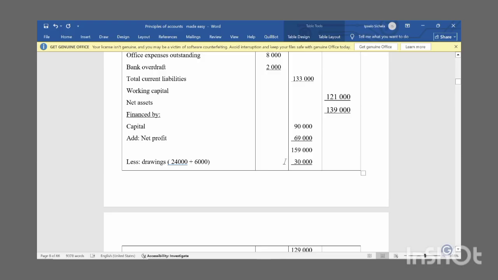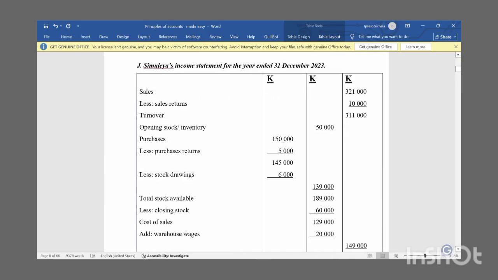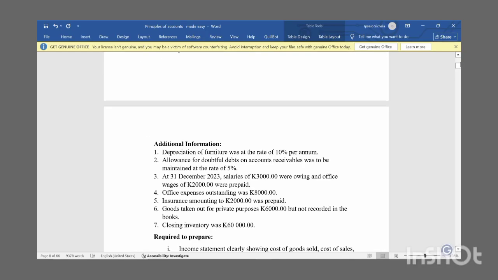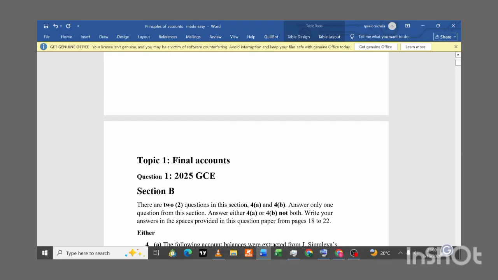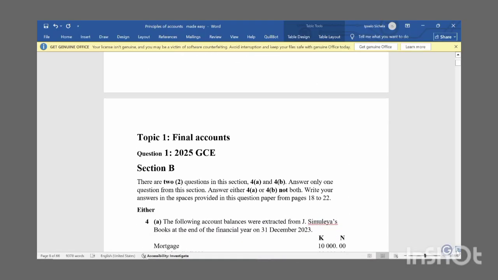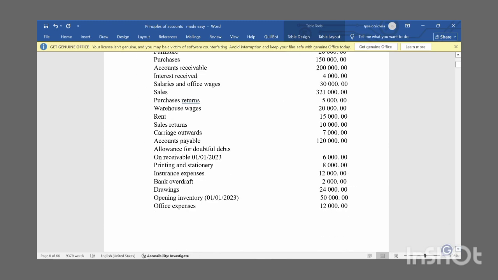So how did I get this figure for drawings? 30,000, when in the question we were given 24,000. How did I get the 30,000 for drawings when in the question we were given 24,000? We're given in the question 24,000.